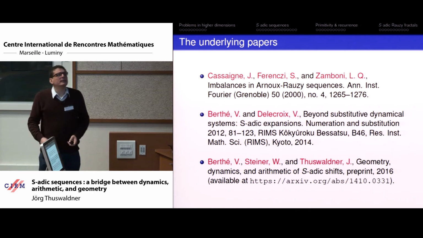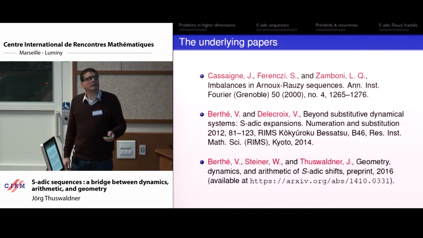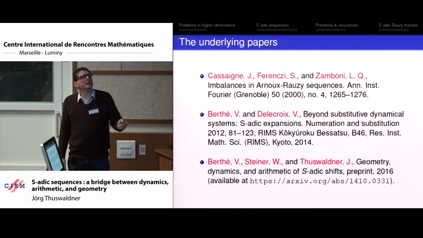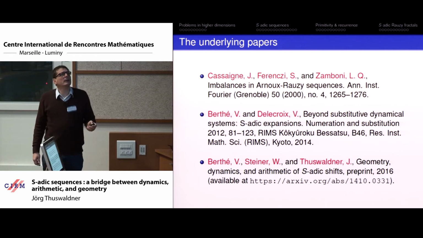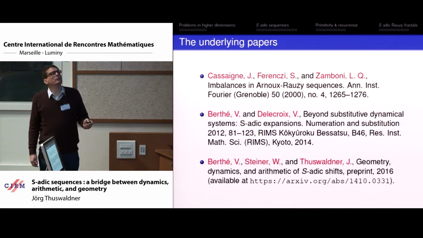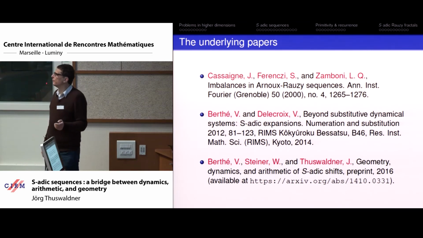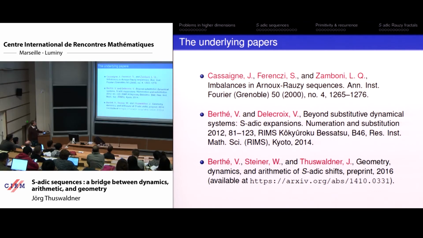As yesterday, I want to stress some papers that are useful and related. The problems that come up in higher dimensions were first observed by Julien Cassaigne, who is here, and his co-authors, Sébastien Ferenczi and Luca Zamboni. They showed that the direct generalization of this Sturmian rotation stuff is not always possible. This is 17 years old.